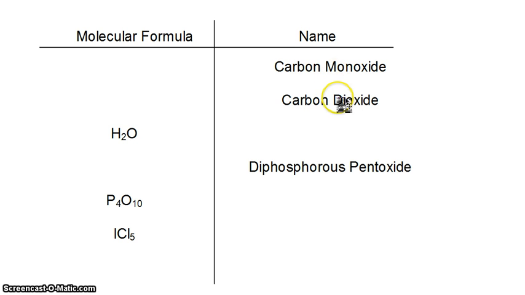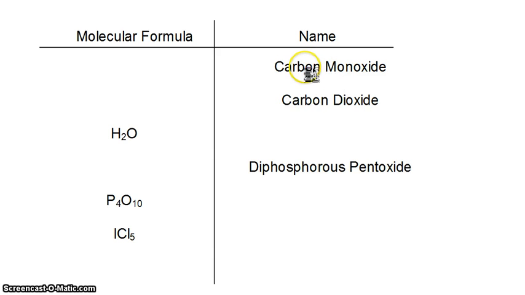If we look at carbon monoxide versus carbon dioxide, that doesn't seem like a huge difference in the name, and when you look at the formulas, they're not a huge difference. However, carbon dioxide is what we readily breathe out as a product of our respiration, whereas carbon monoxide is something that if you breathe in, you'd wish you could get it out of your body, but it eventually clogs up all your hemoglobins and essentially suffocates you.